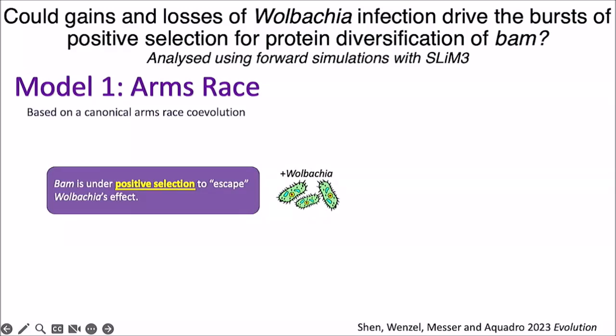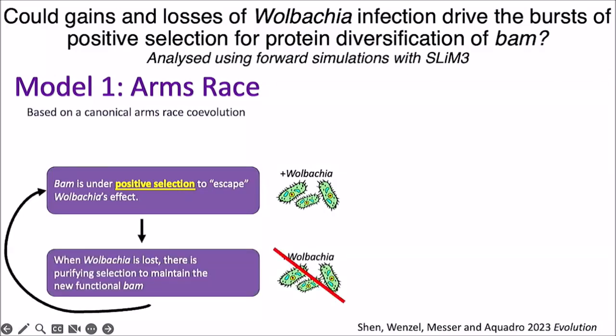The question was, if we're having positive selection here, either associated with change in function or some sort of conflict between Wolbachia and bag of marbles, we wanted to get predictions for the patterns of selection over time there.